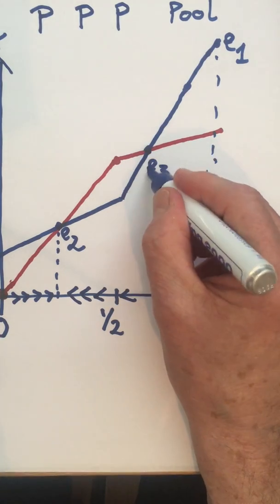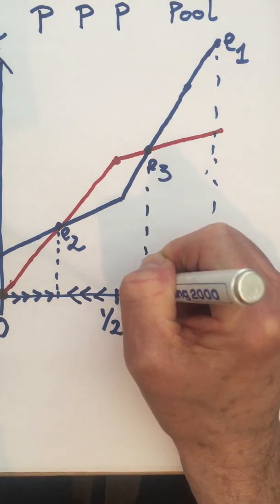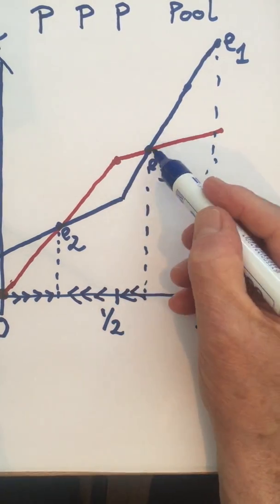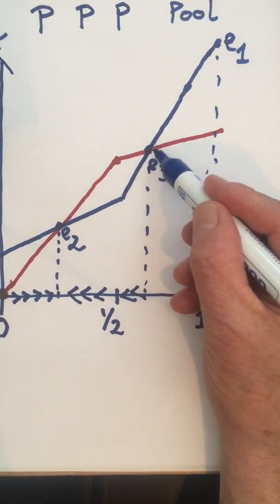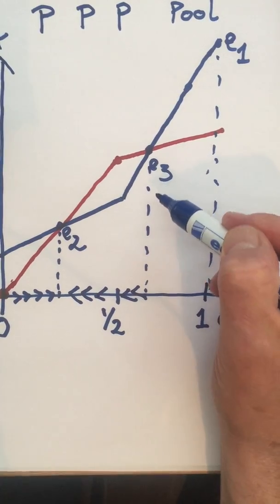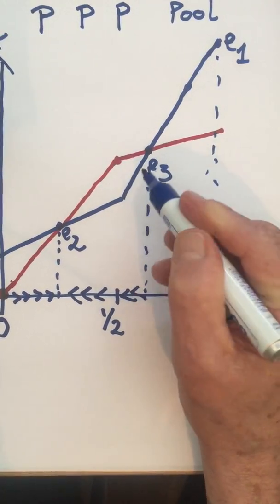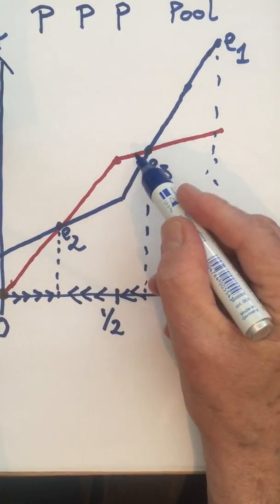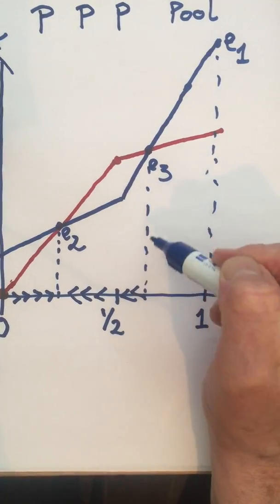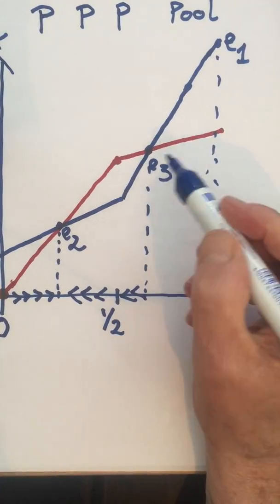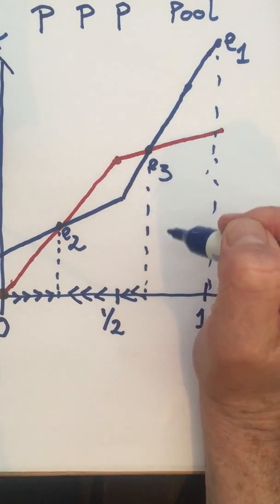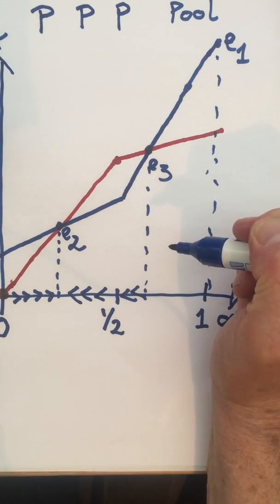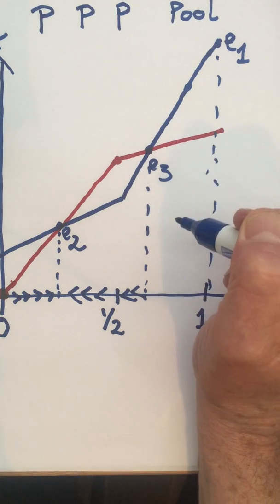That is true all the way up to this point here. At point E3, we see again that the two profit curves are equal, but to the left of it, it's more profitable to be a parasite than a producer, so then you fall down again. But to the right of E3, it's more profitable to be a producer rather than a parasite.